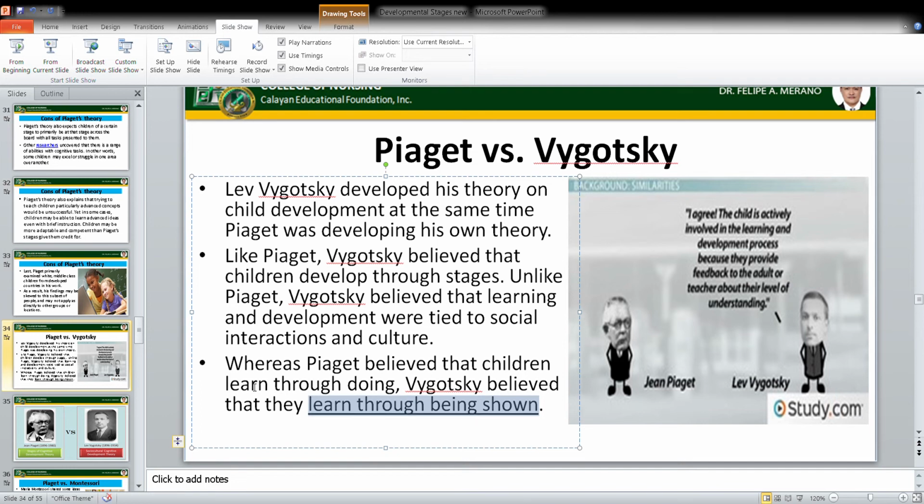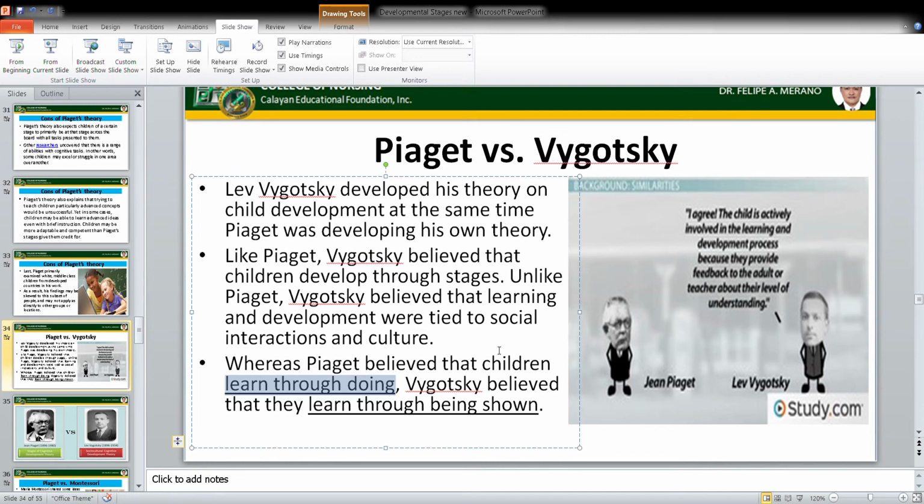Okay? In nursing, we always teach you, we show you how to do something, like assessment of the skin. We taught you how to assess the skin and you learn from that. Okay? But part of learning through being shown, you will also learn through doing. That's why there is a return demo.